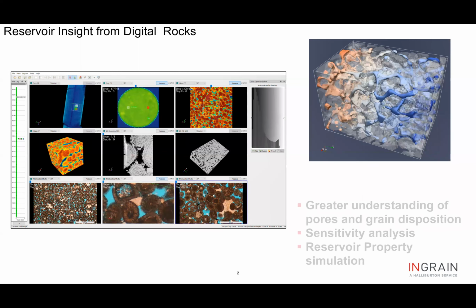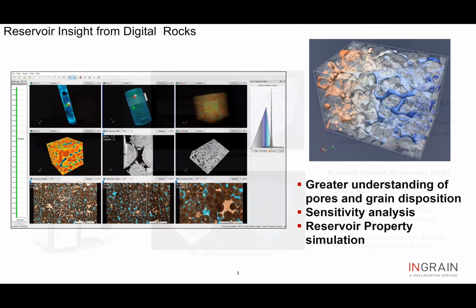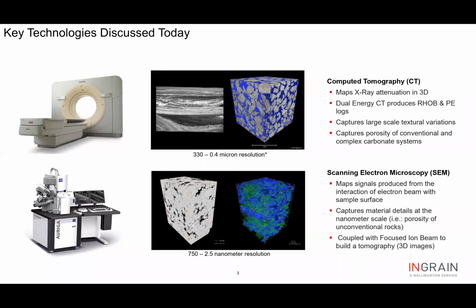Right. For our purpose here, I'm going to limit our discussion today mainly to two technologies. One is the CT scan, computed tomography, and the other is the scanning electron microscope for imaging purposes.